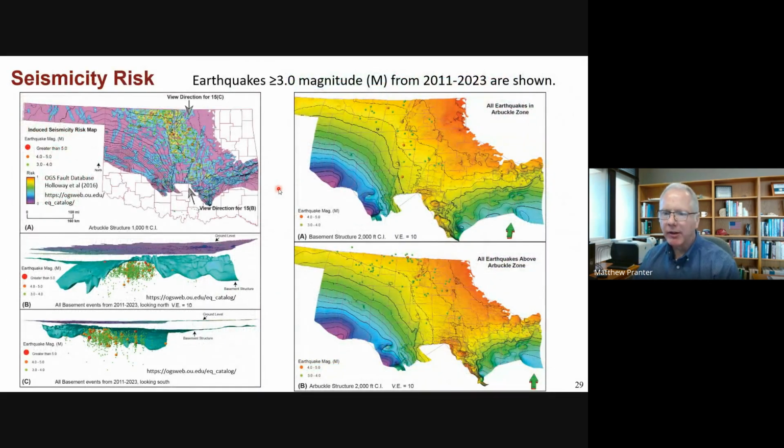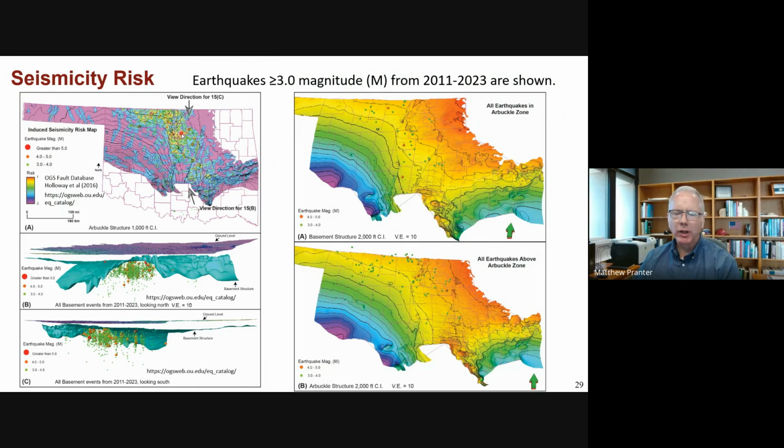The other thing to consider, obviously, for the state of Oklahoma is seismicity, especially thinking about injecting into the Arbuckle. And so to look at how the existing seismicity occurs, the map up here on the top left was generated where we looked at known earthquakes from the Oklahoma Geological Survey, faults that have been mapped, and also where there have been injection wells drilled.